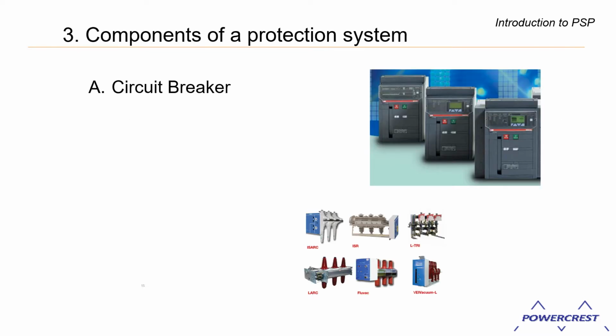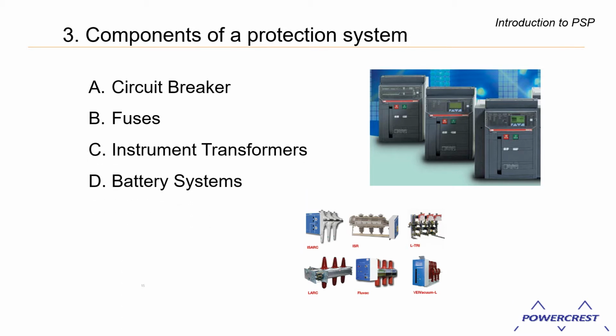Right, the components of a protection system. Quick overview: we have circuit breakers, fuses, instrument transformers, battery systems, and protection relays. And I could probably add in communication systems as well, which is part of many protection systems out there.